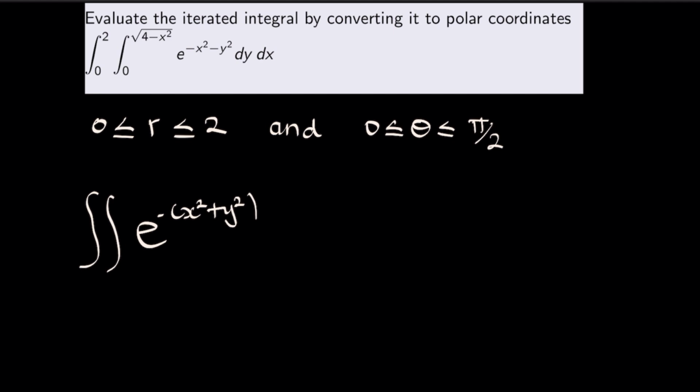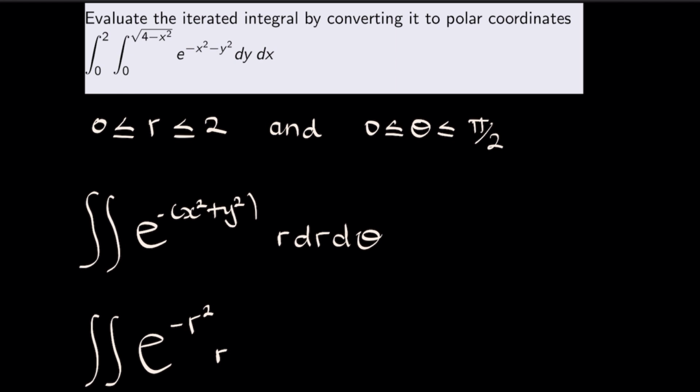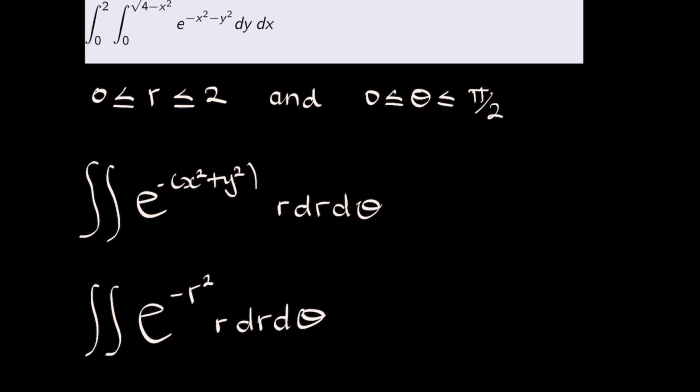We are also told that dy dx is now r dr d theta. And we know that x squared plus y squared is r squared. Thus we have the double integral of e to the minus r squared, times r dr d theta. Then the range of integration will come.